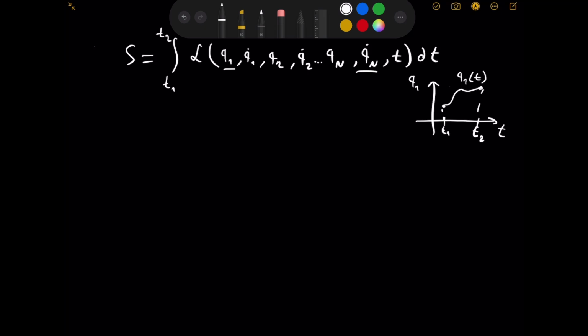Okay? And I want to, as I said, disturb this path a little. Let's say I keep the endpoints the same, and this is the new trajectory, which I will call Q1 hat.